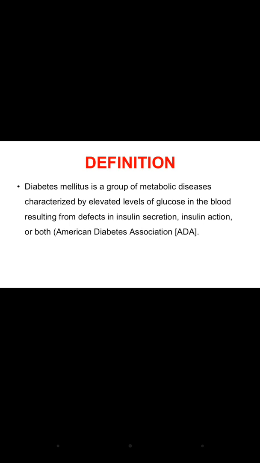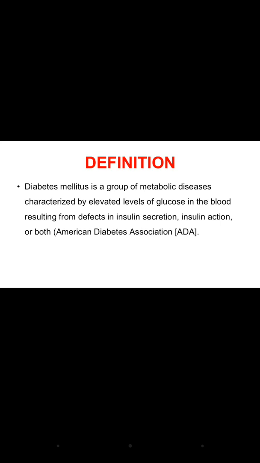And why is it happening? Because as you all know, insulin function is to regulate the blood sugar levels by reducing them when they increase in the blood. So because there is a defect in the insulin secretion, or a defect in the insulin action, or both, either the insulin is not secreted, or it is secreted but not in sufficient amount, or it is secreted in sufficient amount but the cells are not responding well to the insulin.